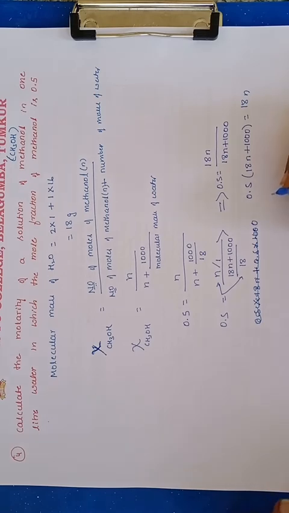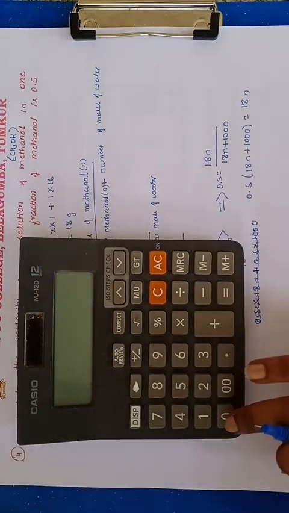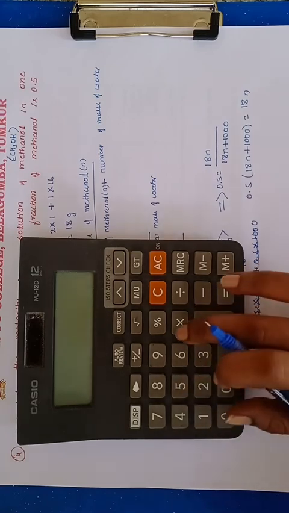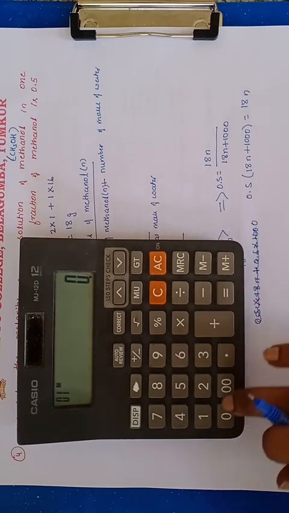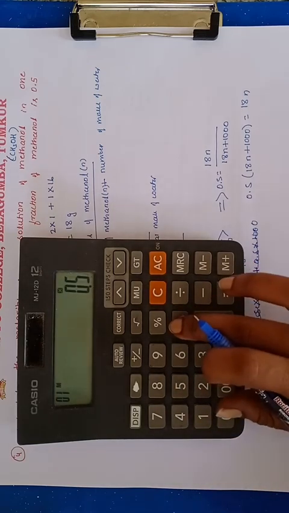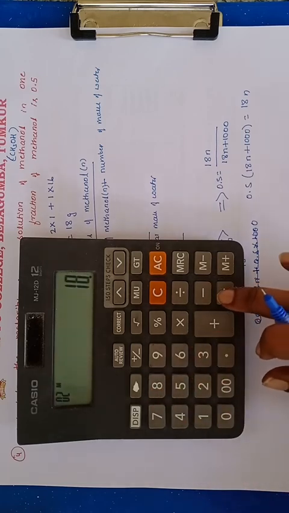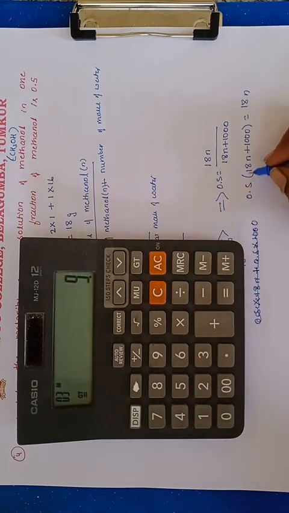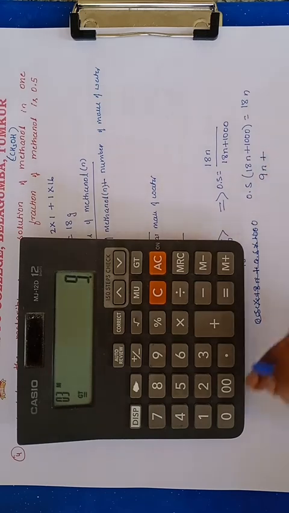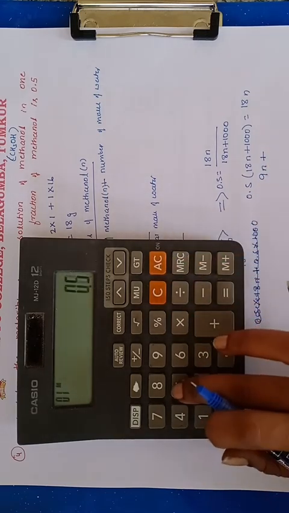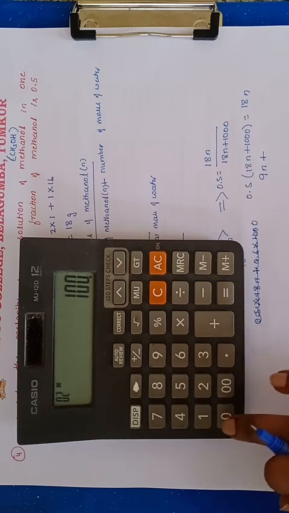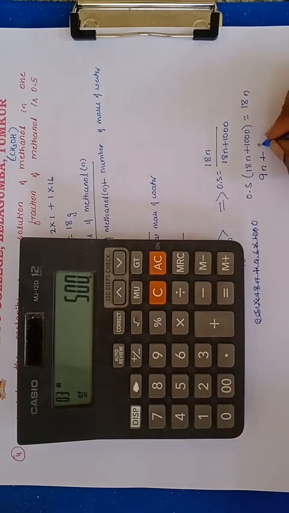Let us see how much we get when we multiply. 0.5 into 18 equals 9n, plus 0.5 into 1000 equals 500, is equal to 18n.